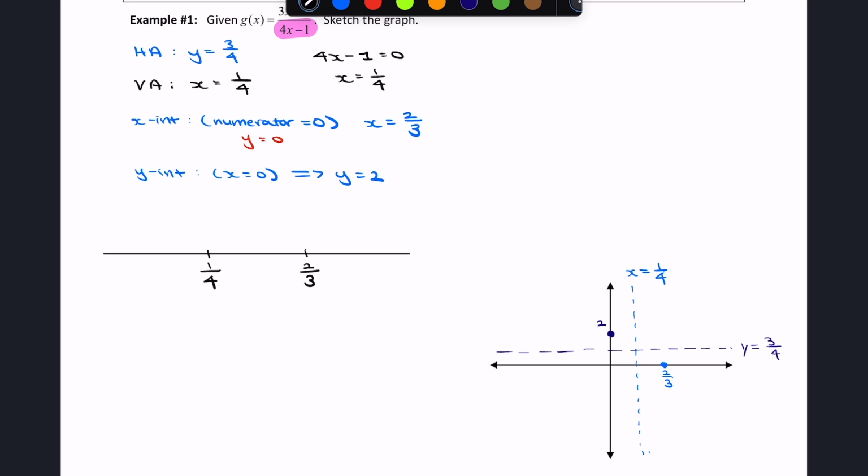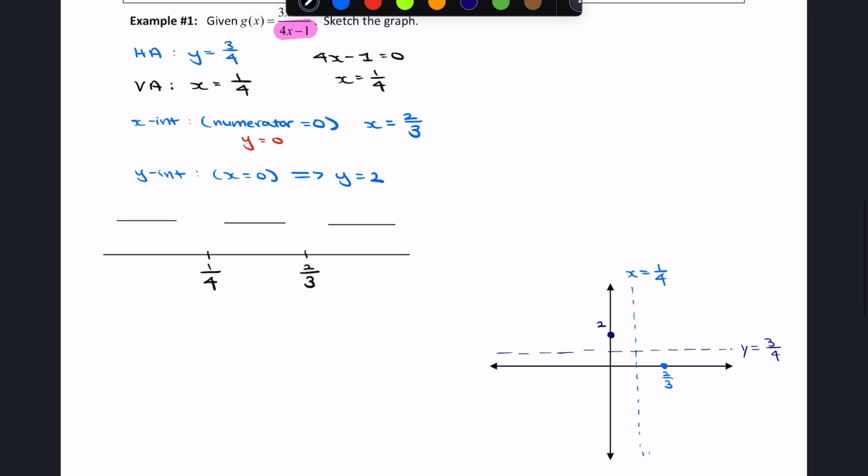So here, we're going to see where the function is positive and where the function is negative, or above the x-axis and below the x-axis. So here, again, if we sub in a value that is less than 1 over 4, for example a value of 0, we'll see that we get the numerator that is negative and the denominator that is also negative.